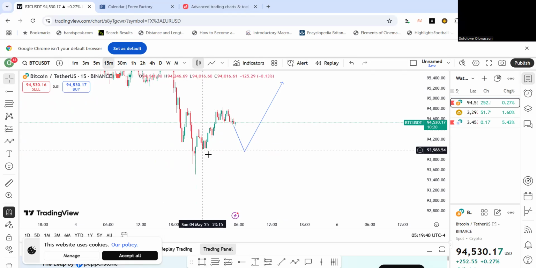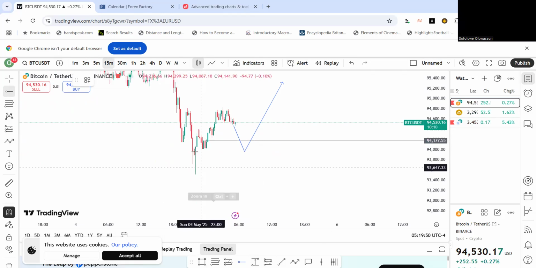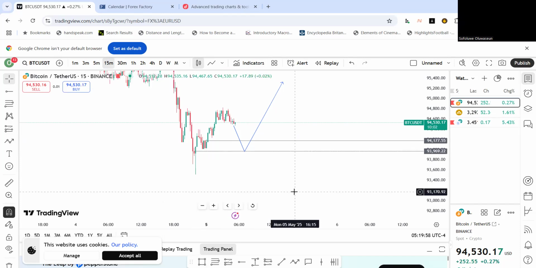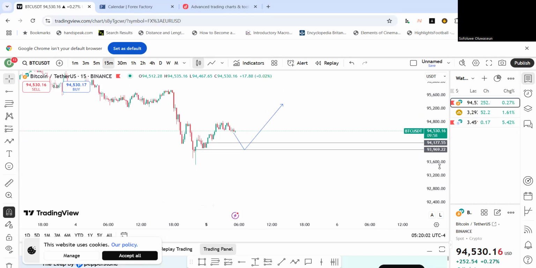Okay, I'm seeing this candle here as our first entry, and this as our second entry. Okay, put it here. Those are the two entries I am looking at.